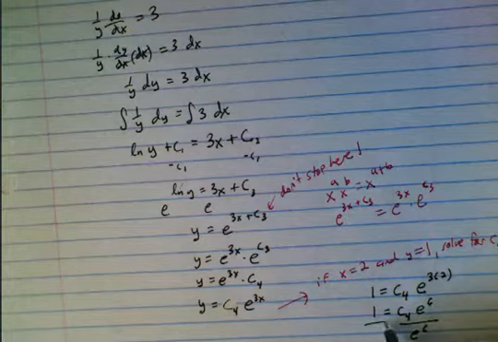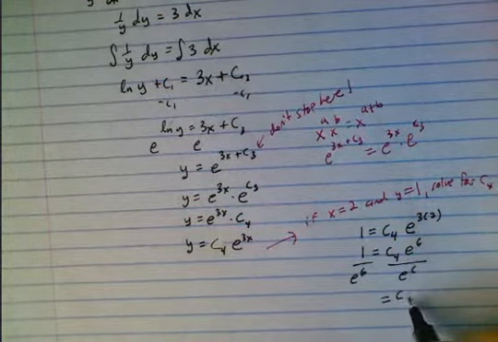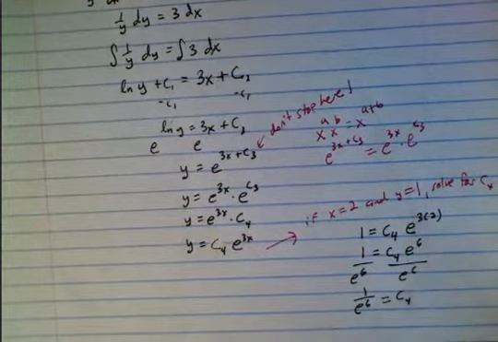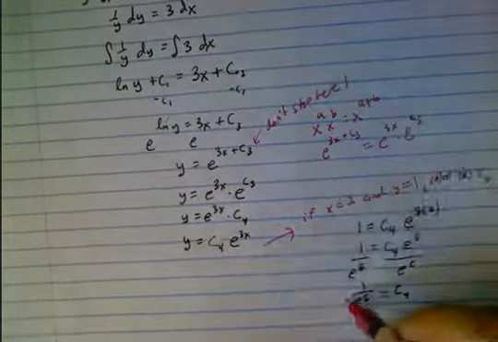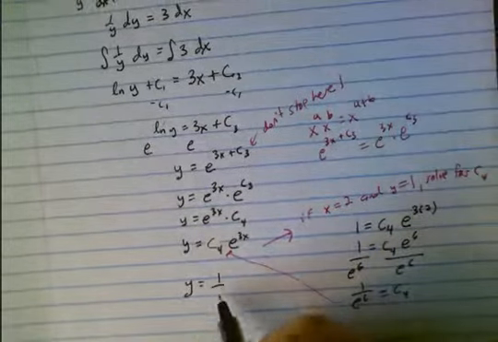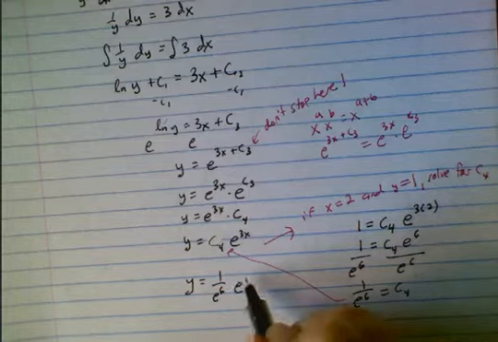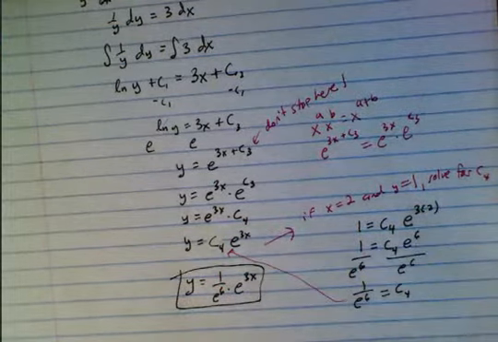Divide both sides by e to the 6th. That then goes back in here. Just like that.